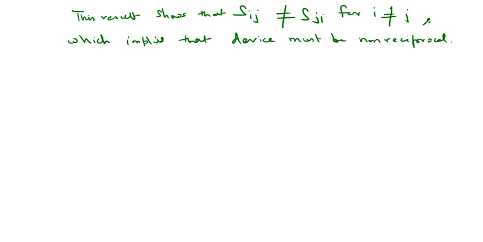Also, if you consider a lossless and reciprocal three-port network, and if it is physically realizable, you have to sacrifice the matched port termination. At least one port is not terminated perfectly. Suppose the third port is not perfectly terminated.